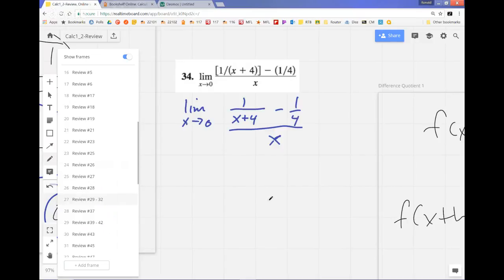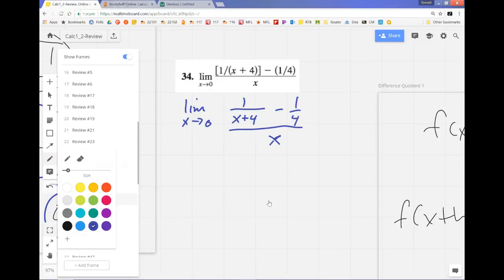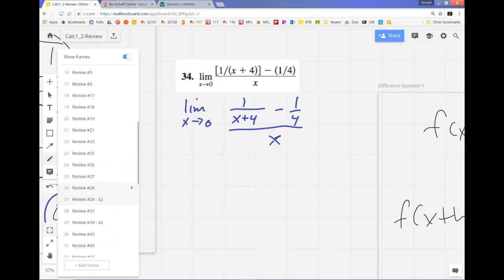All right, so let me change colors here. So what we're going to do is we need a common denominator of what? X plus 4 times 4. So this one is short of 4, so we'll multiply top and bottom by that. This one is short an x plus 4, so we'll multiply top and bottom by that.